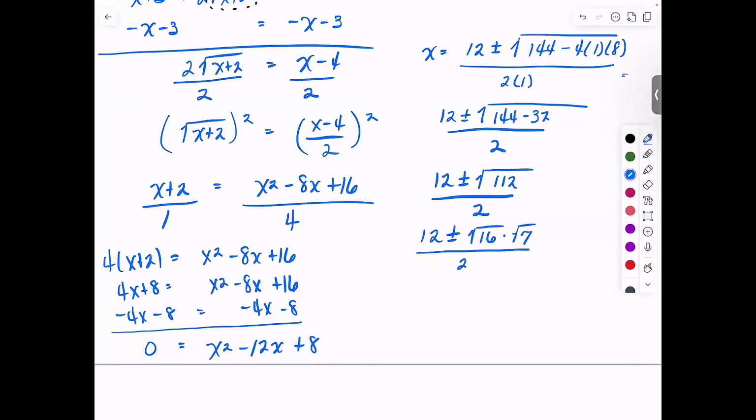Now I know root 16 is 4, so I'm getting closer here. 4 root 7 over 2. If we reduce everything by 2, we'll have 6 and 2 root 7. So ultimately I have 6 plus or minus 2 root 7.